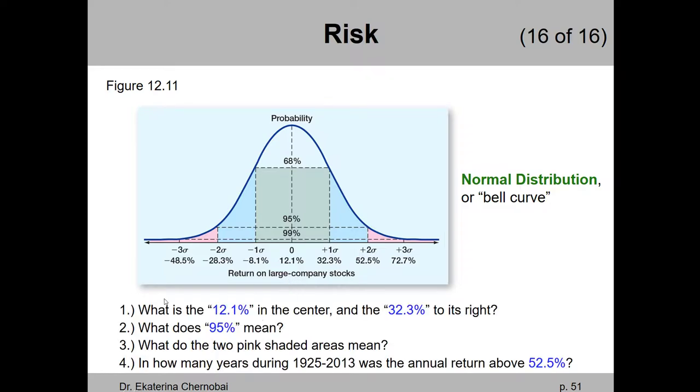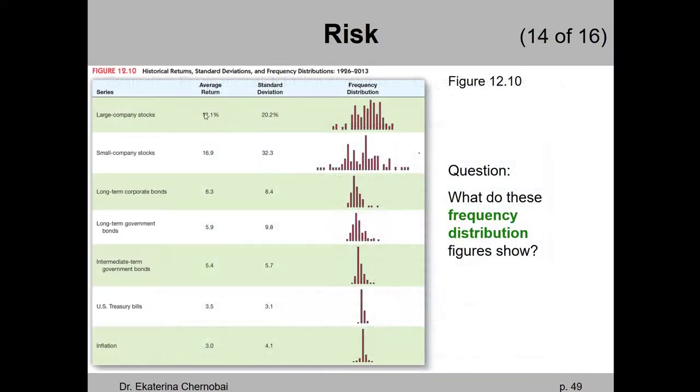Let's answer a few questions. Question number 1. In the middle, right where we see the peak, we have a 0 and then we have 12.1%. What is 12.1%? If you go back a couple of slides, that was nothing but the average return over that time period between 1925 and 2013.